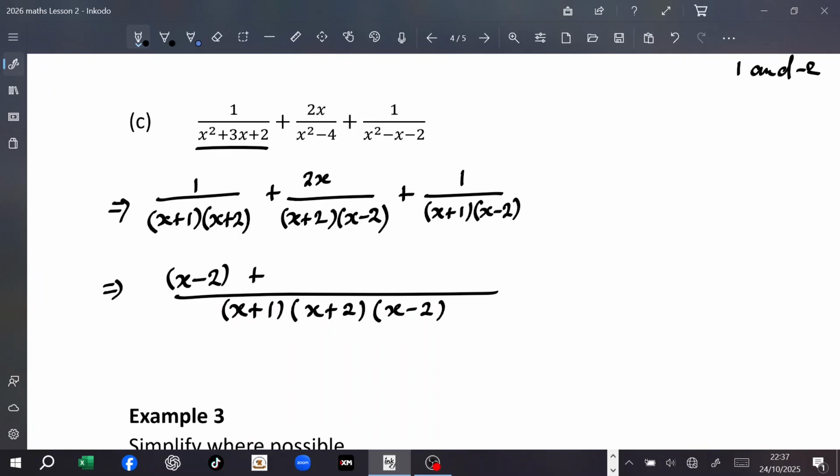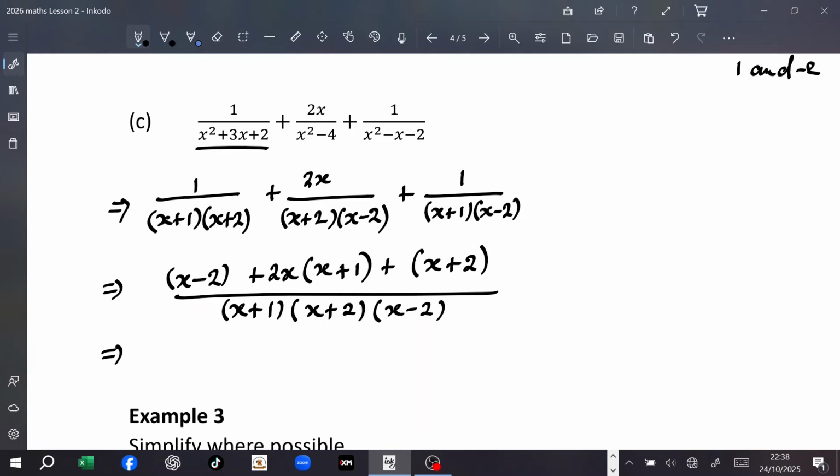You'll find that it will cancel. This one can go, will remain with x plus 1. So say on top there we have 2x, open brackets, we have x plus 1. Then we'll say plus, then this one will cancel, x plus 1, x minus 2 will cancel, remain with x plus 2 times that one there, it will be just x plus 2. You have seen the way it is moving.